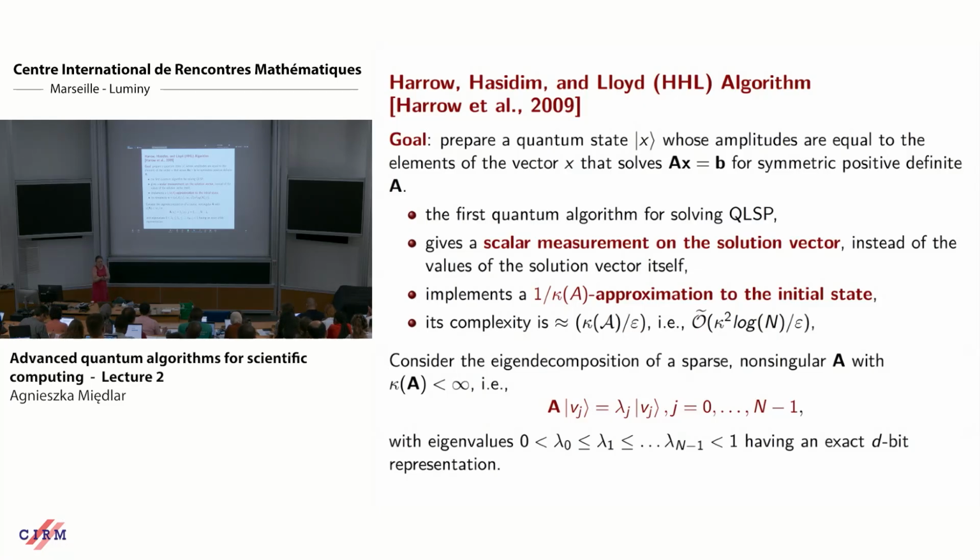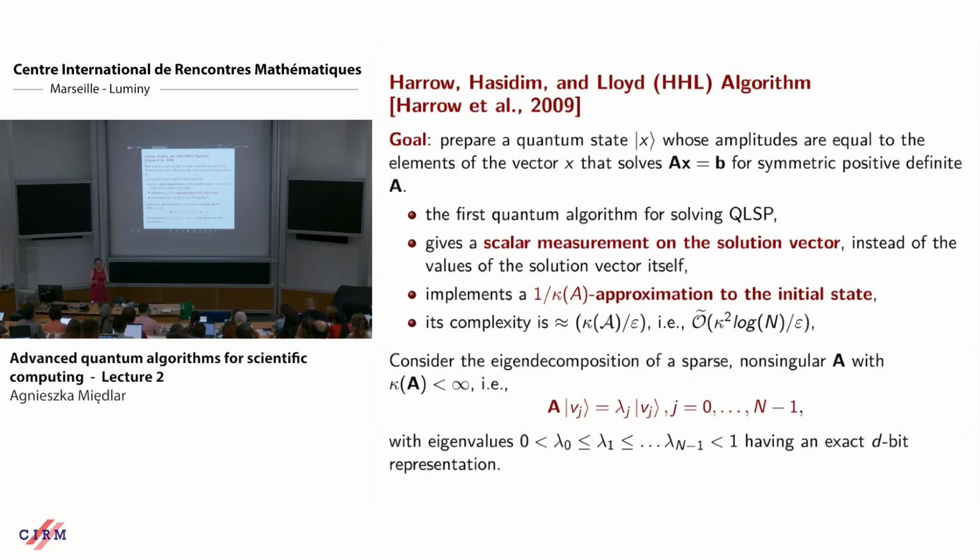So, for example, it can be of order kappa squared times the logarithm of n divided by epsilon. So remember, kappa is the condition number of matrix A. You cannot change it. It's a property of your problem. Then you have the log of n, it's the size, and then epsilon is the parameter you can tweak because that's the quality of your approximation.